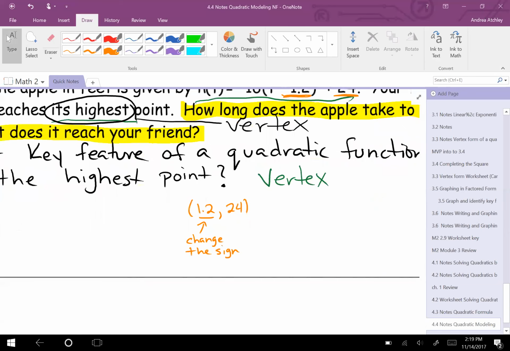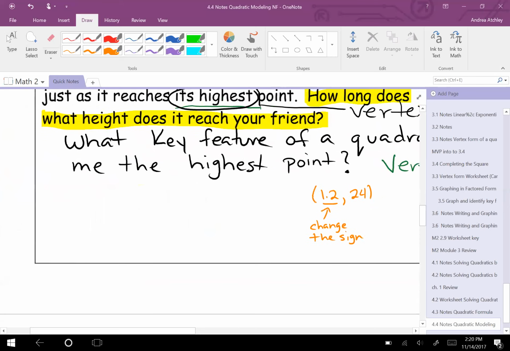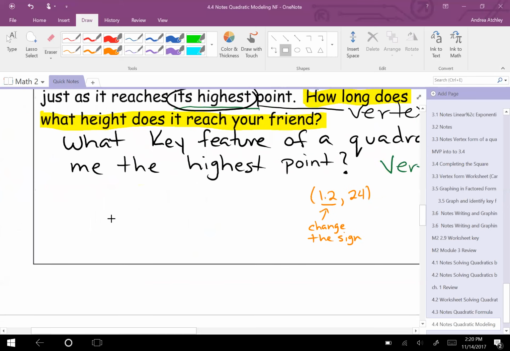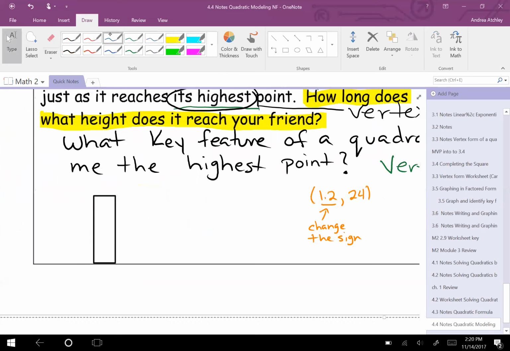So let's think about this. I'm going to throw my apple up. Let's draw a picture. I'm going to draw a balcony on the 3-story building. And here's the balcony. And here's my friend standing up on top of it.